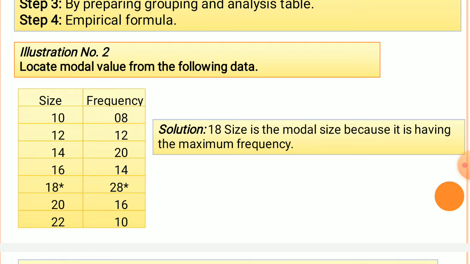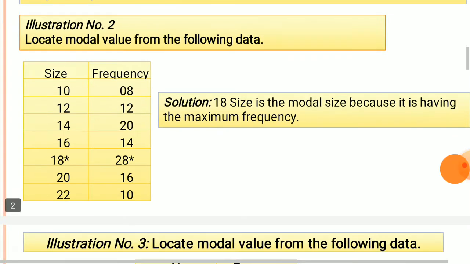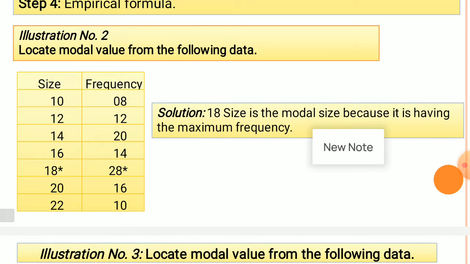One column is size and the second column is frequency. Just by observation, we can say that the modal value is 18 because it has the highest frequency. So 18 is the modal size because it has maximum frequency.